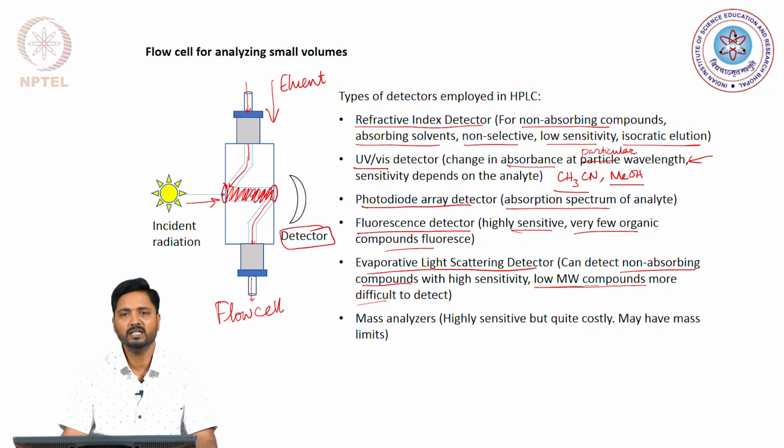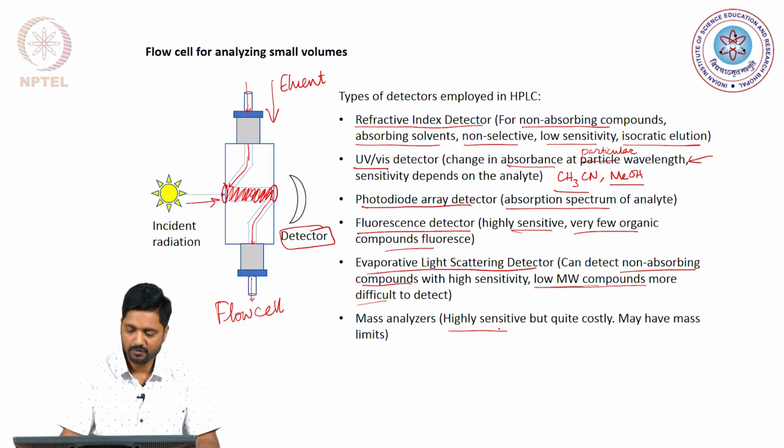Now, the final detector that is routinely used is the various mass analyzers, which detect the mass of the analyte that is coming out of the chromatography column, and these detectors of course again have very high sensitivity, so that they can detect in picogram levels, but are quite costly and may have mass limits, or they can detect only up to a certain mass of the analyte that is coming out.